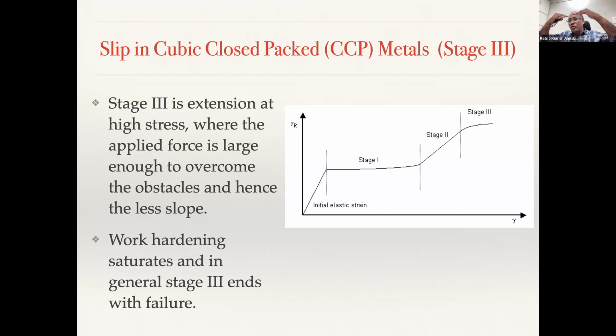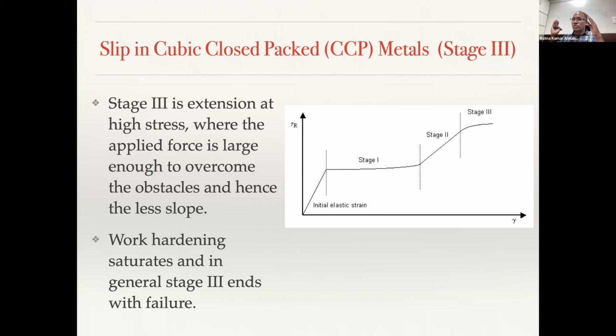That means you have internal resistance to dislocation motion, and that is what we represent by stage 2, called strain hardening or work hardening. This is primarily in a single crystal, and it happens because of the interaction between dislocations.